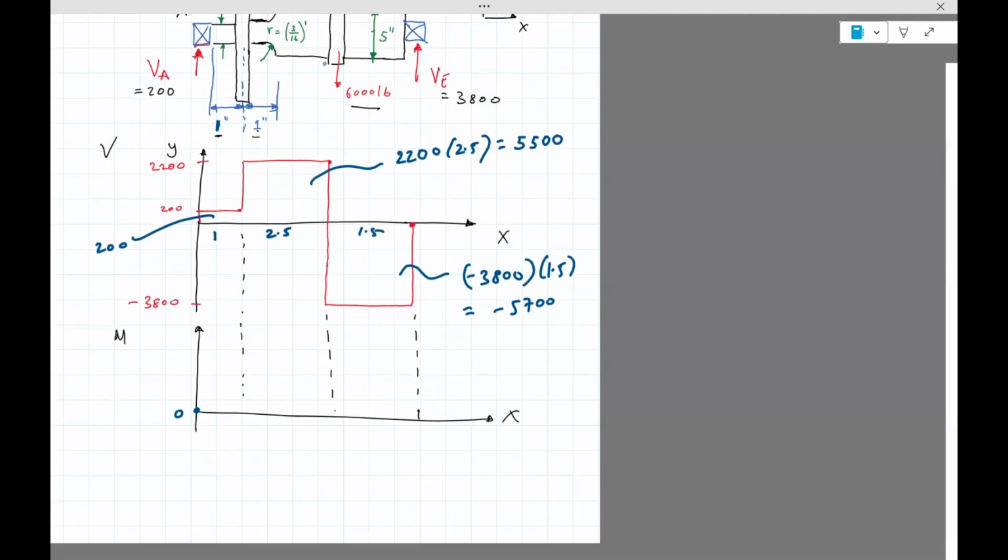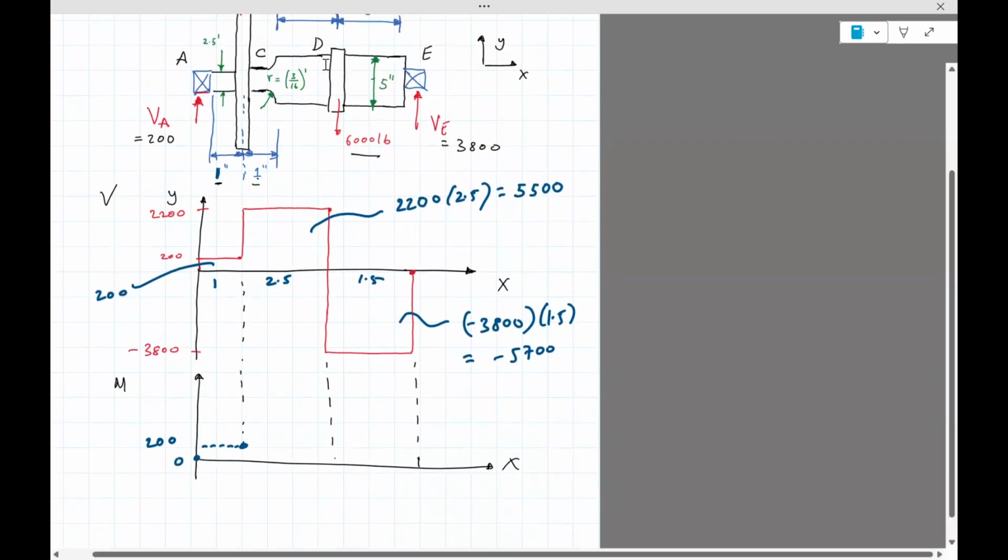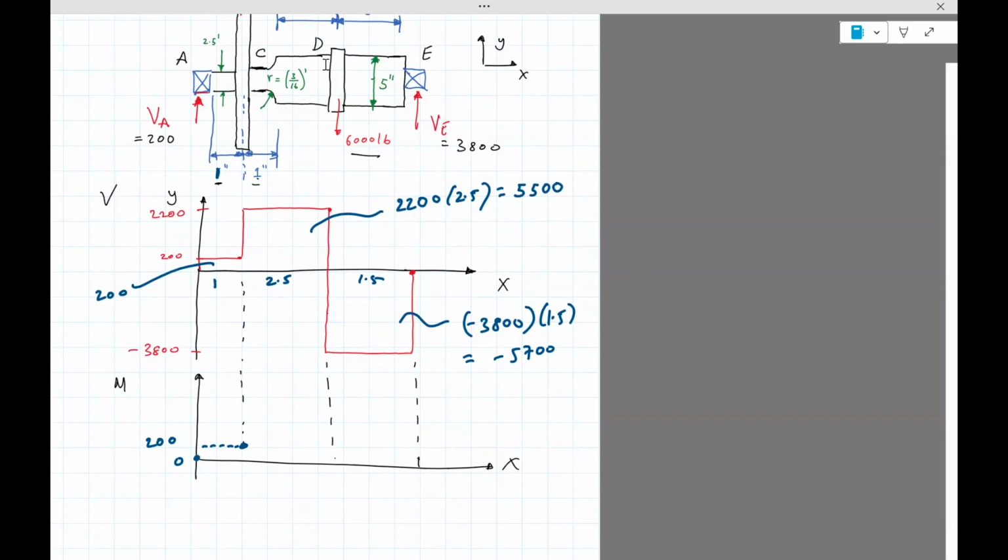Starts with 0, goes to 200 at A. Then we need to add 5500 to 200, so that will be 5700.